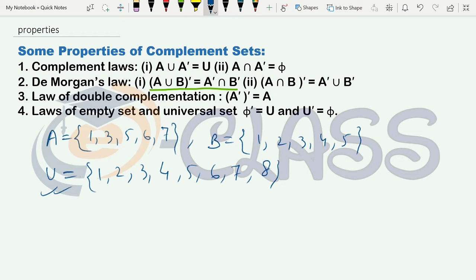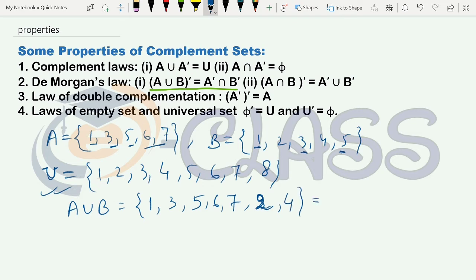Now A union B. First of all we write the common elements between A and B: 1, 3, 5. Then write the remaining ones, 6, 7, and then 2, 4.